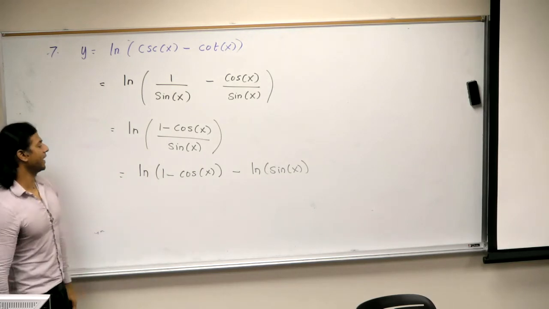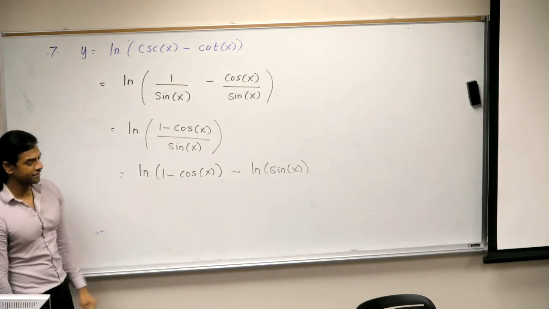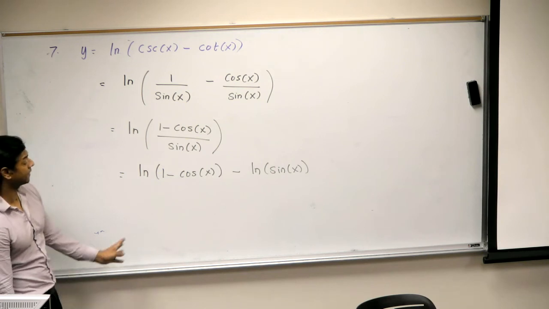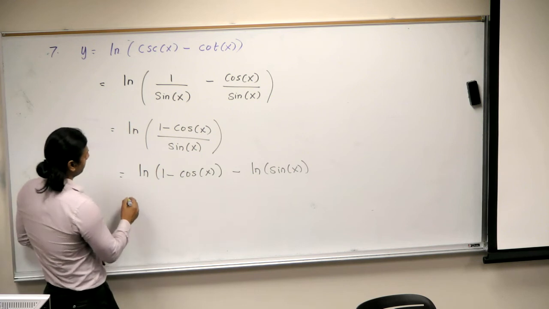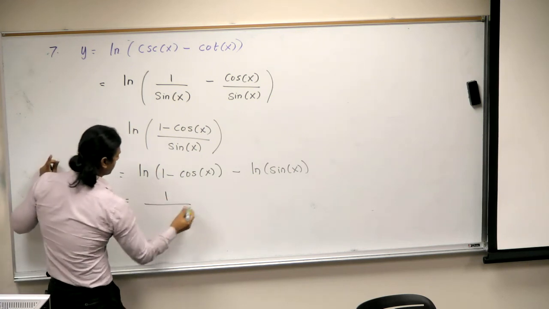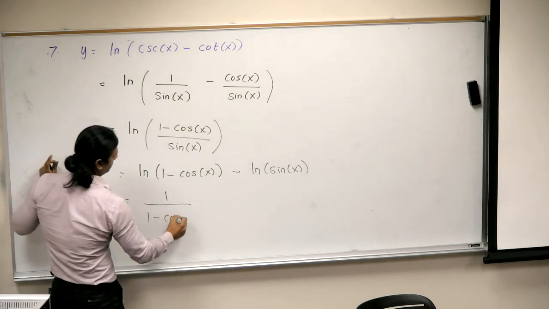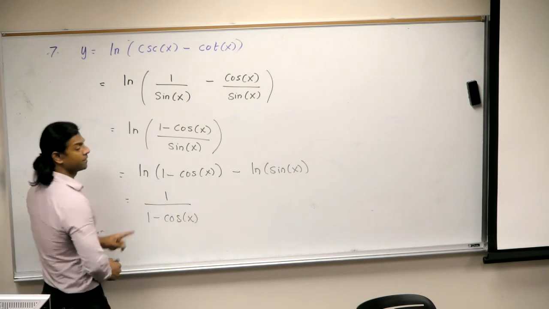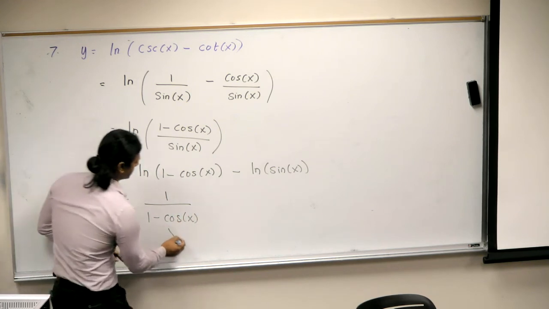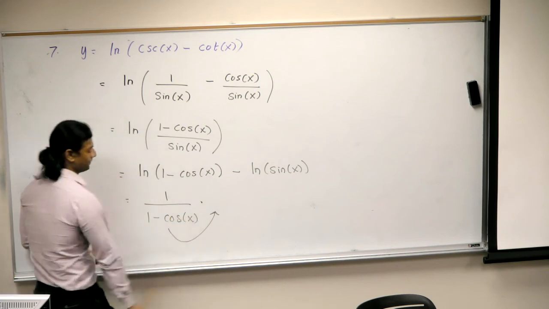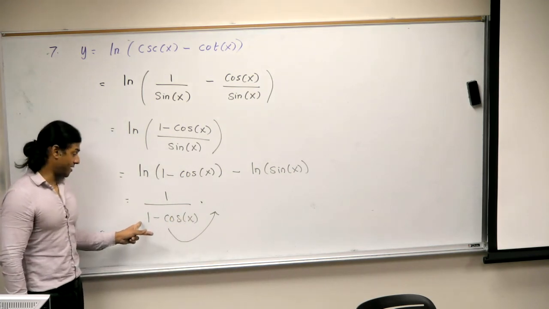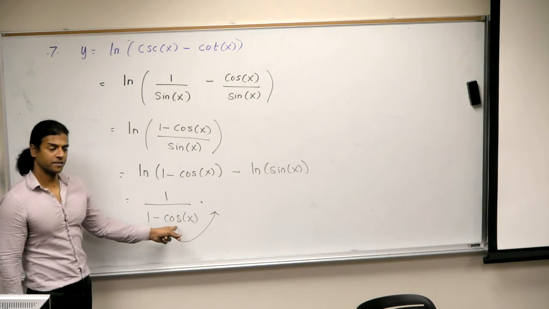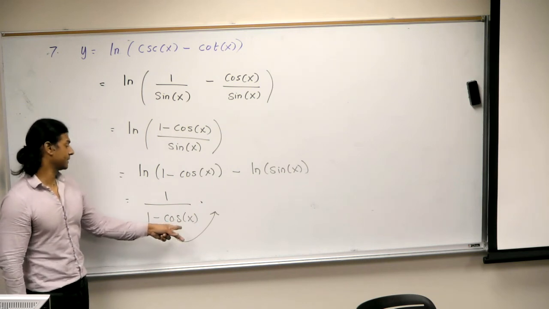Now I can use chain rule. What is the derivative of ln of 1 minus cosine x? I have 1 over 1 minus cosine x multiplied by the derivative of that term. The derivative of 1 is 0, the derivative of cosine x is negative sine x.